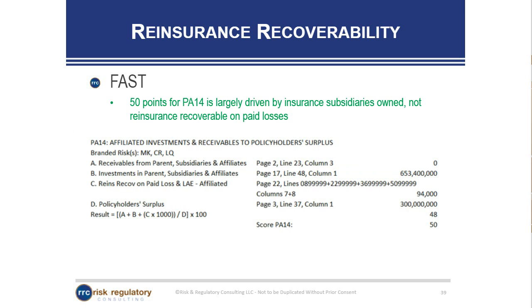There's another FAST score that has a subcomponent of it related to reinsurance recoverability on paid losses. This particular FAST score, PA14, is generating 50 points, but when you digest what the components are, you realize that most of that 50 points is being generated from item B, the investments in parent subsidiaries and affiliates, not the reinsurance recoverable.